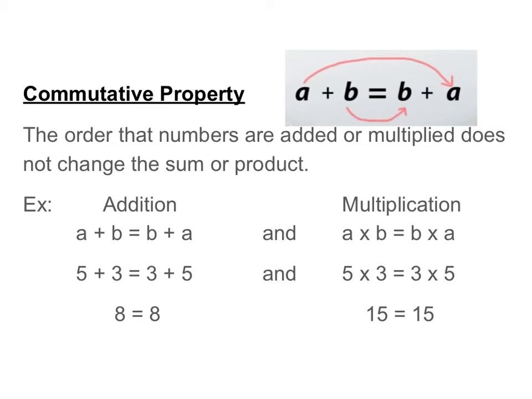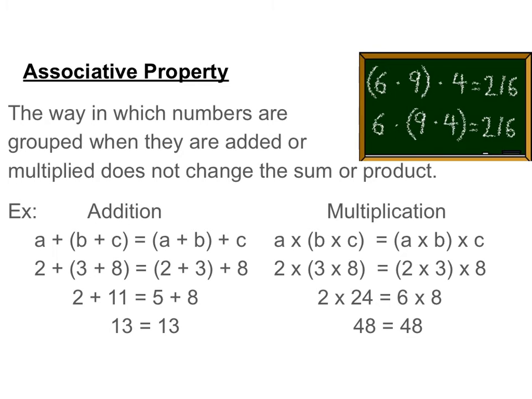Let's go on to the next property. Our next property is the associative property. Okay, the way in which the numbers are grouped when they are added or multiplied does not change the product. So in this example, you can see that the grouping has changed here.